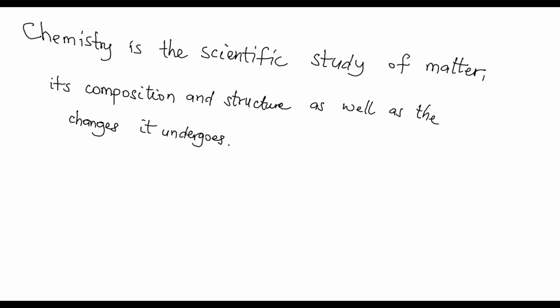In this key definition of chemistry, there are some terms. Scientific study. What are we studying? Matter. Why scientific study? Because we need to be very careful with the kind of study we are doing.